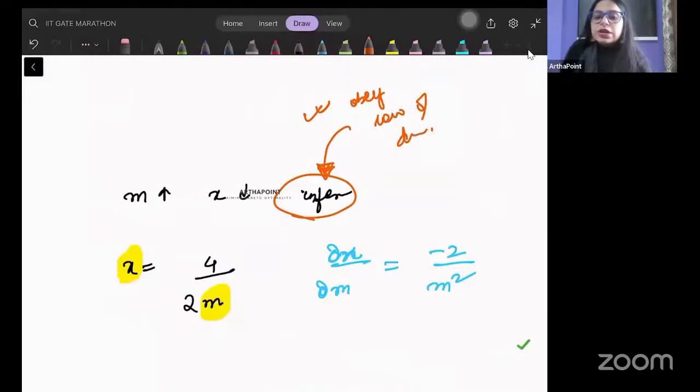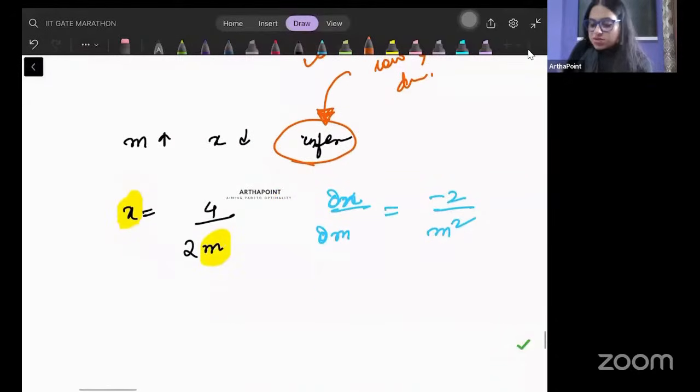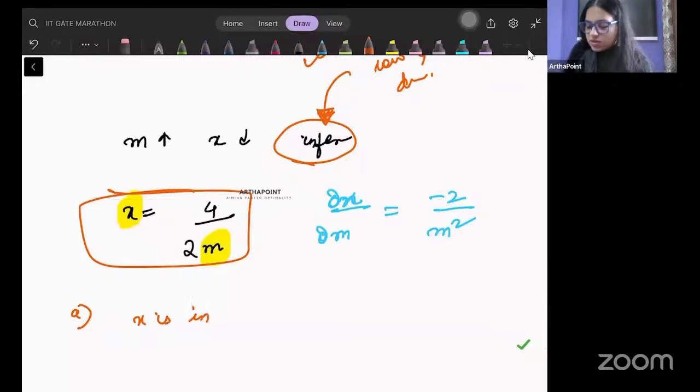This is still important. Sometimes in options, they will give you something like this, and then they will say that X is inferior, X is Giffen, X is normal.